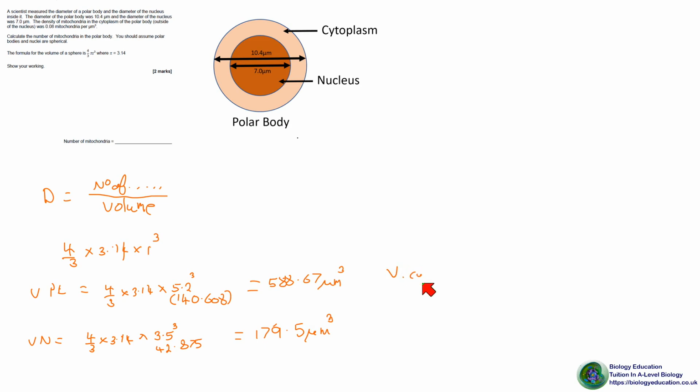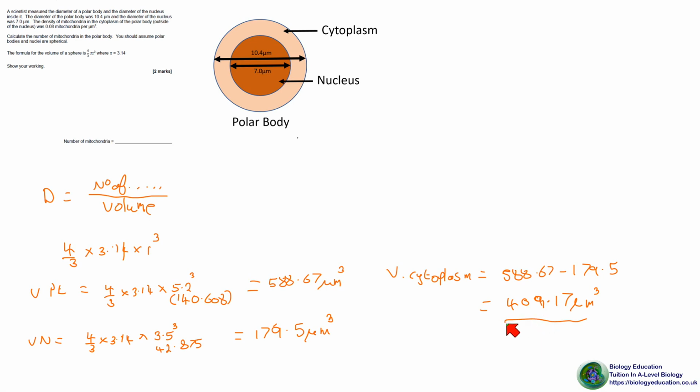So volume of cytoplasm is 588.67 minus 179.5, and that gives you 409.17 micrometers cubed. That's the value we need to use in the next step of the calculation.